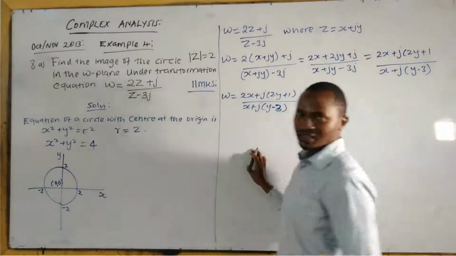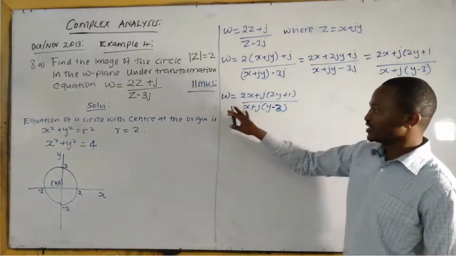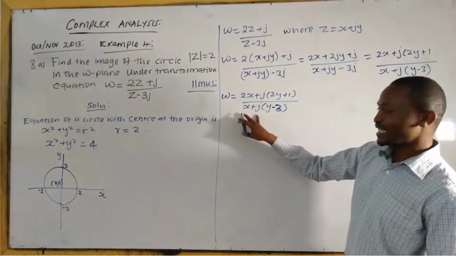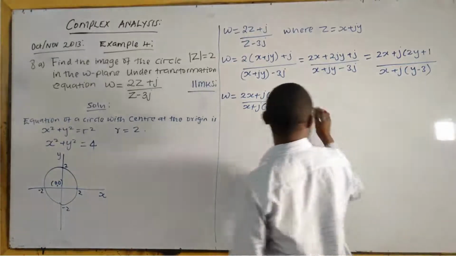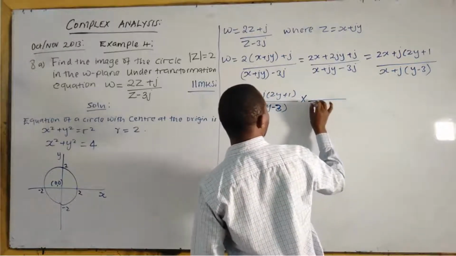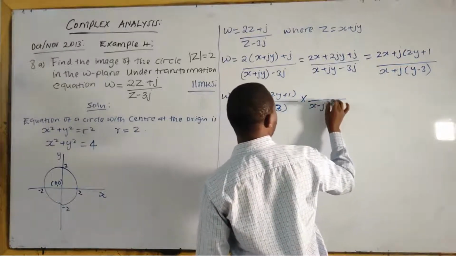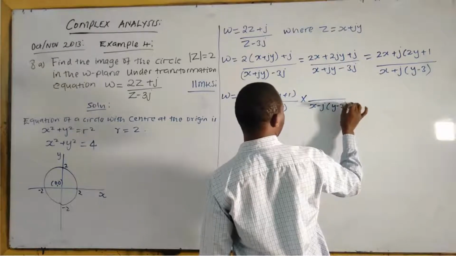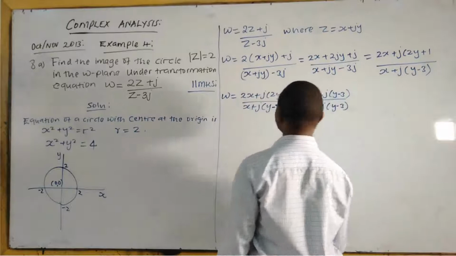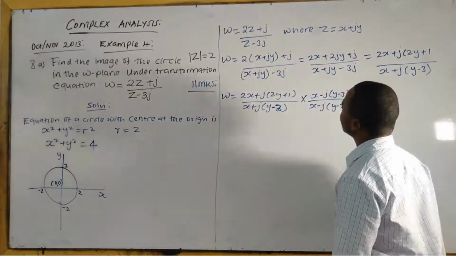What's the complex conjugate of the denominator? It is x minus j(y - 3). So we multiply the upper and the lower side by the complex conjugate, which is x minus j(y - 3). Now we open the bracket.